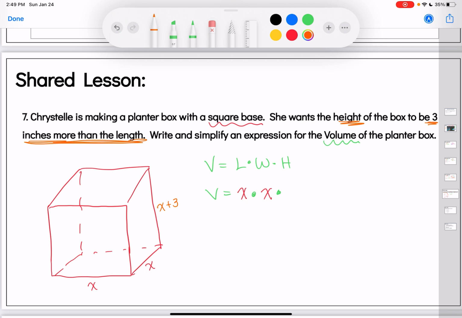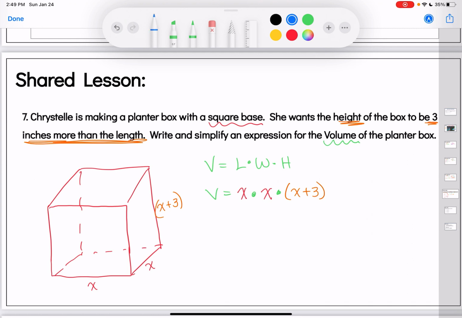When you have more than one term, you need to make sure that you put that polynomial in parentheses. Monomials don't have to be in parentheses. Polynomials have to be in parentheses because we want to multiply by that whole polynomial, not just the first part. So anytime you have more than one term, you gotta have parentheses.